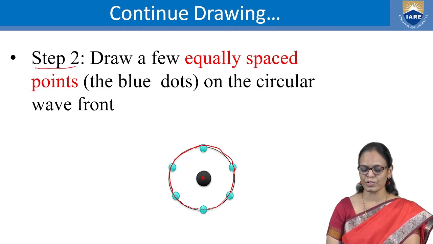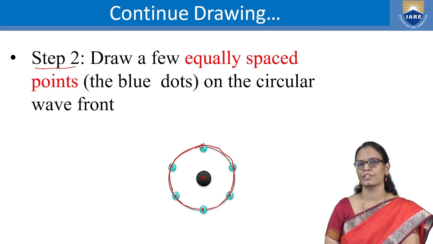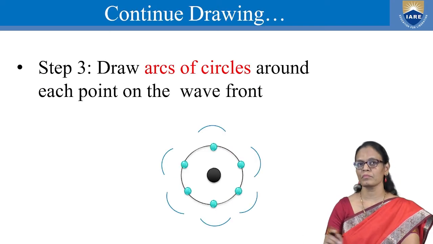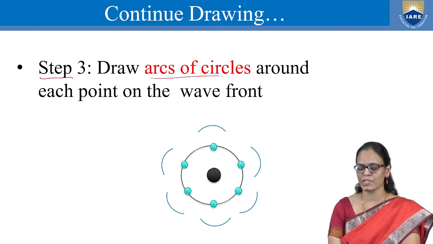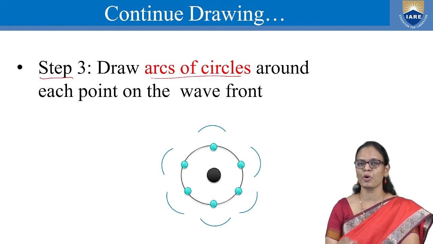Now we are going to mark some equally spaced points on the circular wavefront. Then in step 3, we will draw arcs of circles around each point of the wavefront. Whatever points we have considered here, these are the points on the primary wavefront. This is the point of disturbance. This is the initial wavefront.